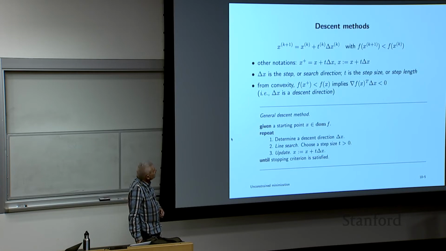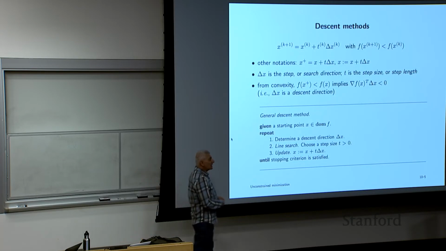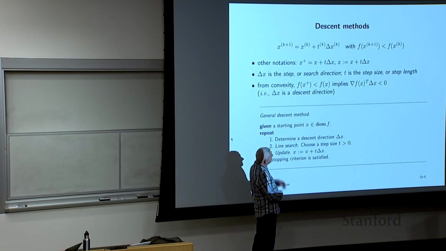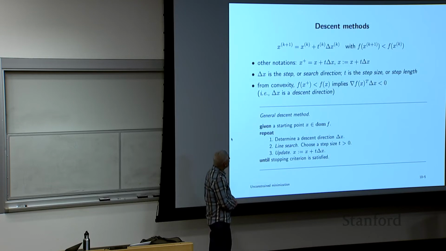So that's what you do. And it turns out if the direction you move in has a negative inner product with the gradient, and if you choose the step size correctly, the new point will actually have a function value less than the original point.